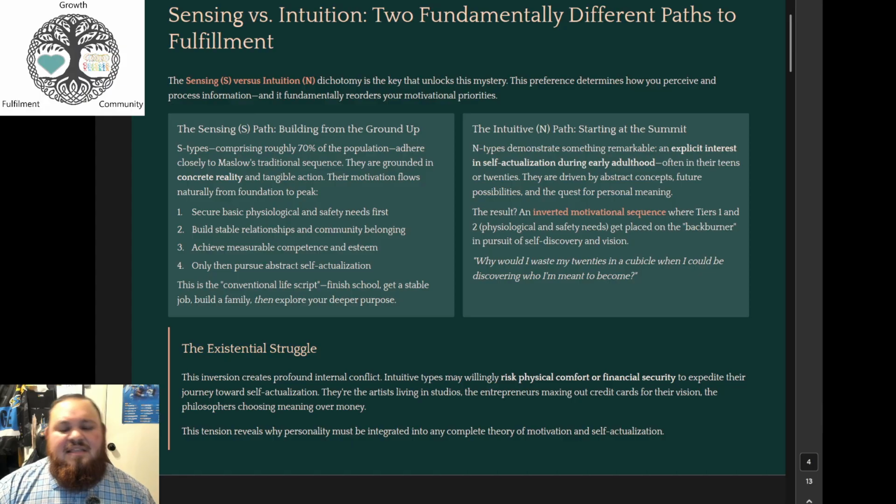Somebody on the intuitive path will look at the world and disregard their physiological safety, which is their physical comfort and safety, their food, water, and stuff like that. They might miss a meal, or their financial security. They might not be working to hold savings or looking to have that kind of security.